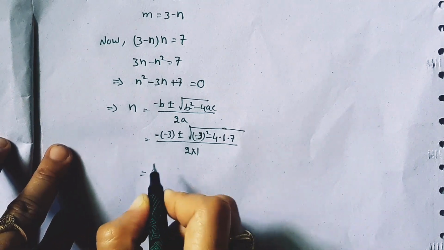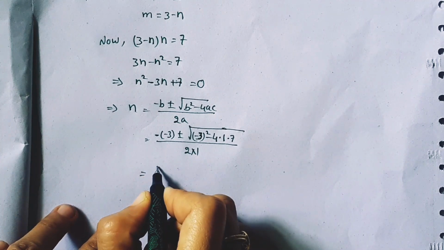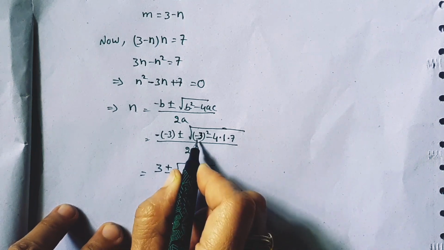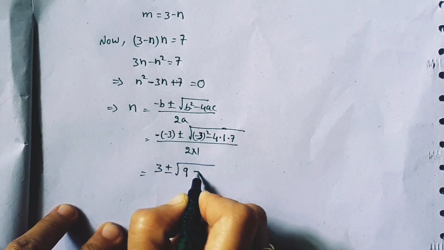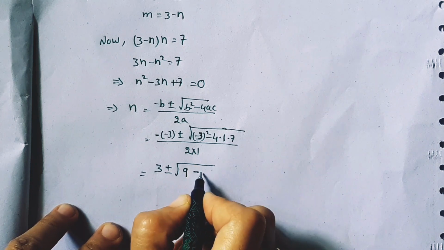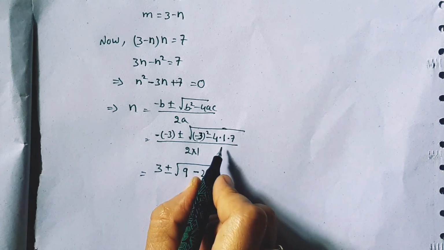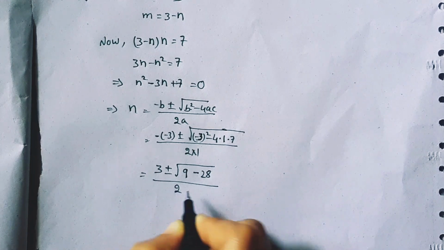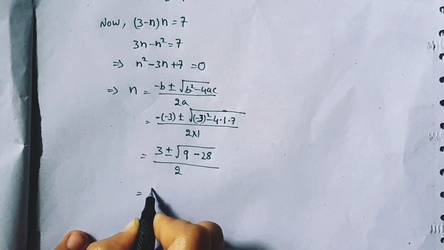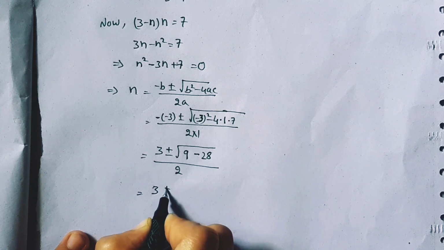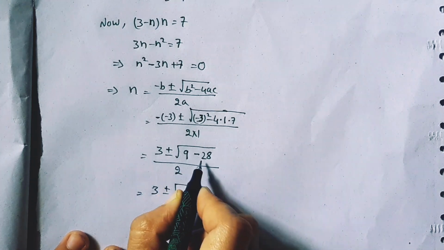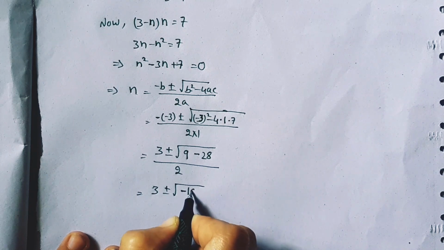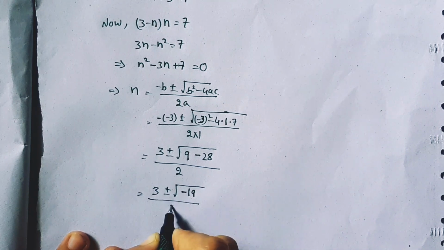So that implies minus of minus is plus, 3 plus or minus square root of minus 3 square means 9, minus 7 fours are 28, minus 28, divided by 2. That implies 3 plus or minus square root of 9 minus 28, which is minus 19, by 2.